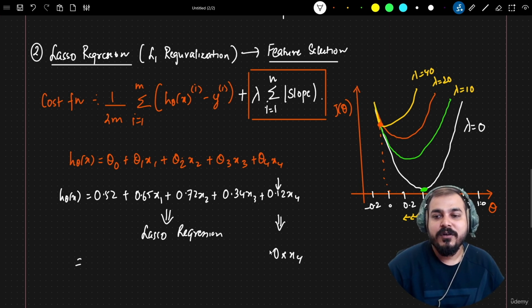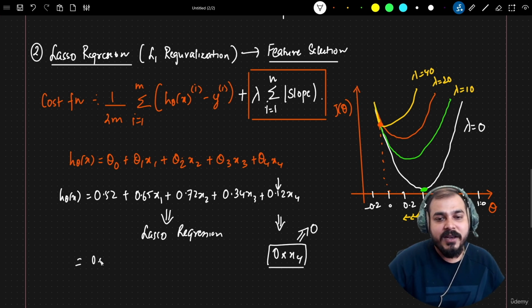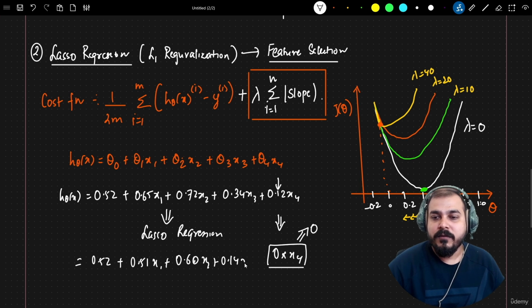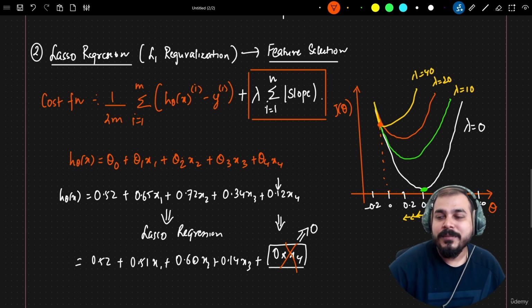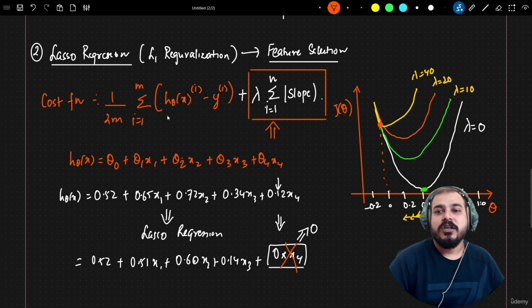So 0 multiplied by x4 will become 0, and the other values will get reduced by a smaller number, because those are directly correlated. So this may be 0.14 x3, like this. In this way, you can see that this feature has been removed, or this coefficient has become 0 because this feature is not that important. This is what is indicated once we add this specific term in the cost function.